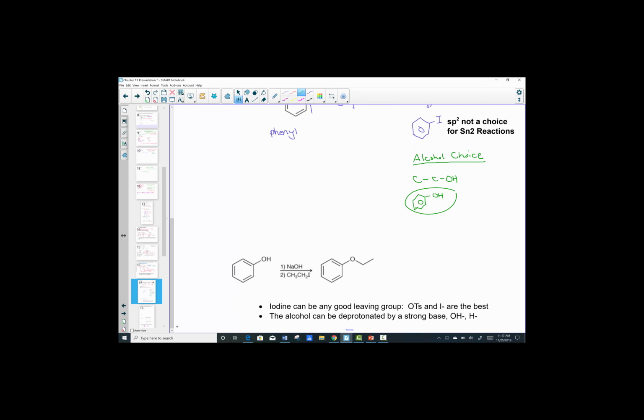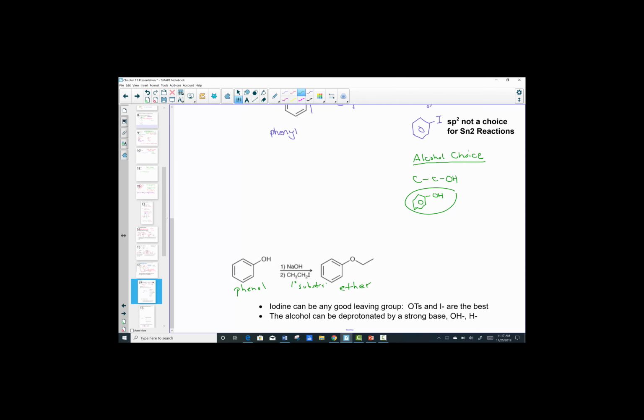We see that with the presence of a strong base, we can convert our alcohol into an ether linkage in the presence of this primary substrate.